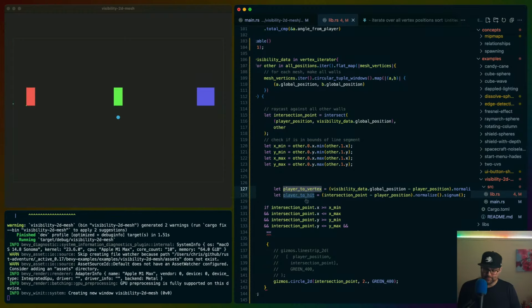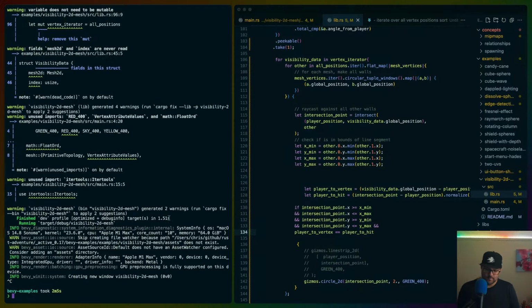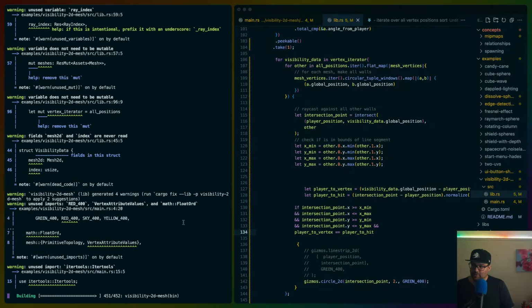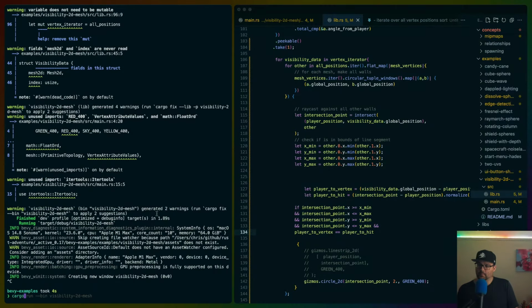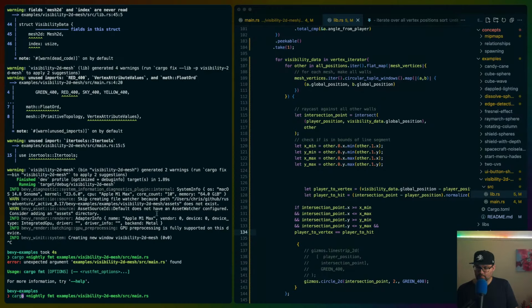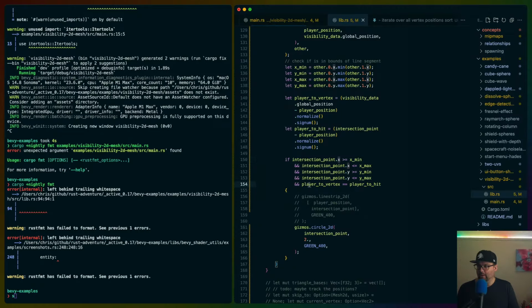So I guess this format still doesn't describe it all that well.